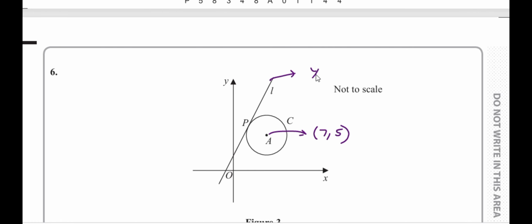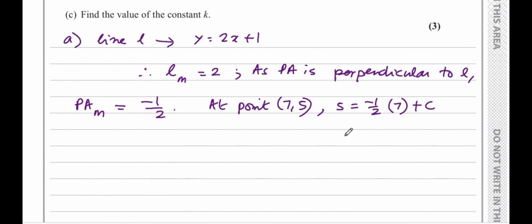Then you write at the point 7, 5 through which this PA passes, we can say 5 is equal to mx plus c, that is minus 1 over 2 times 7 plus c. So from this we can find out c. So 5 plus 7 over 2 is equal to c, which means 17 over 2 is equal to c.